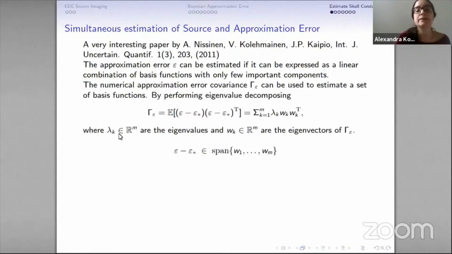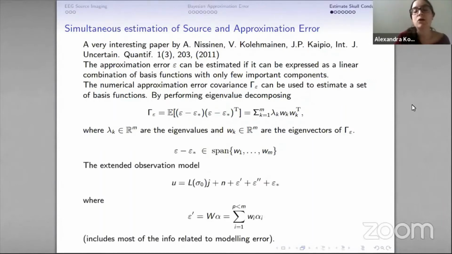They can be picked basically by applying an eigenvalue decomposition to the numerical covariance matrix of the approximation error. So the covariance of the approximation error that we have estimated previously using simulations, we can use exactly this in order to build basis functions that can describe this approximation error.